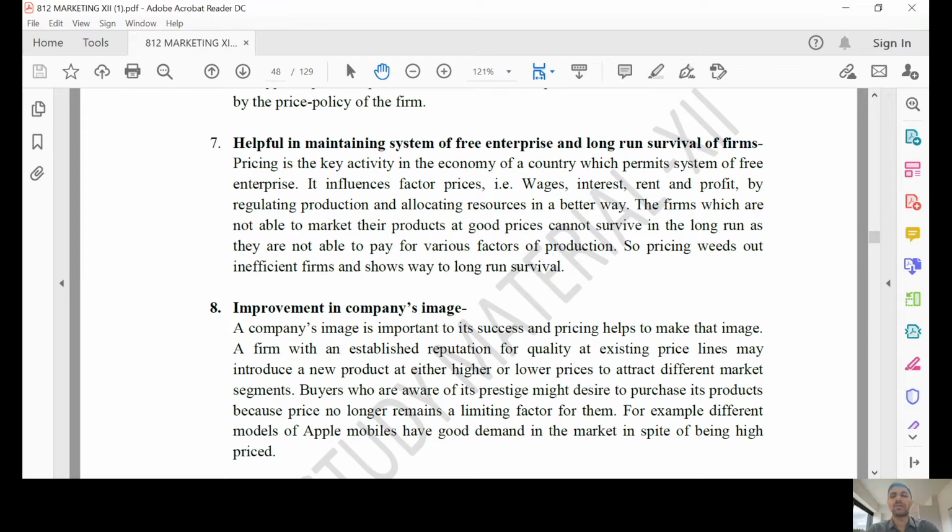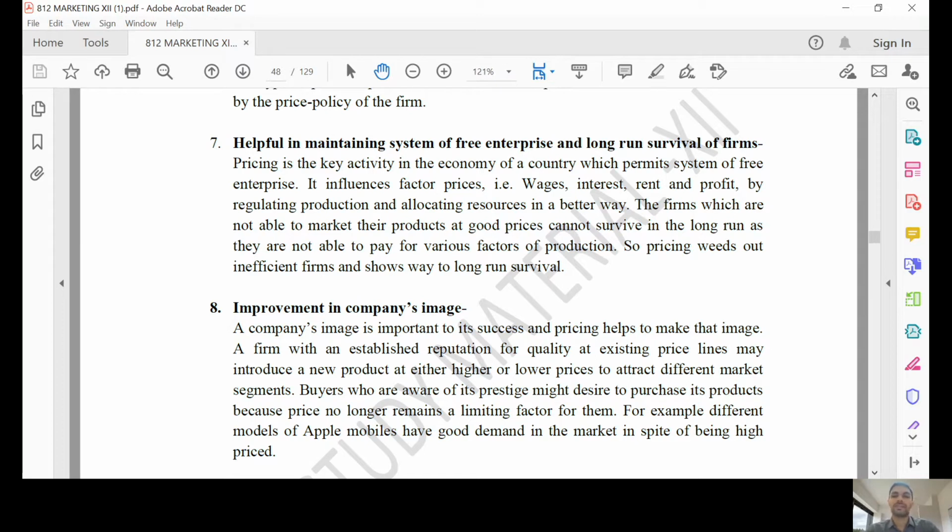So every company should look for long-run survival. By reducing the price, you can survive for a few months or a few years. That is not enough. You should have a long-term plan. By managing your price properly, you should try to survive in the market for a very long period.